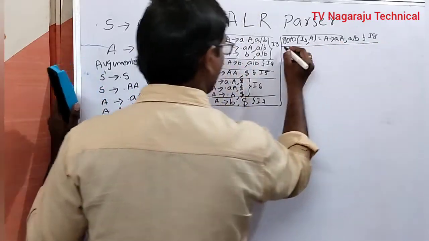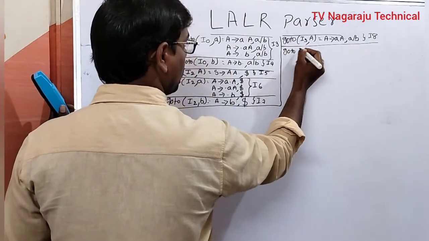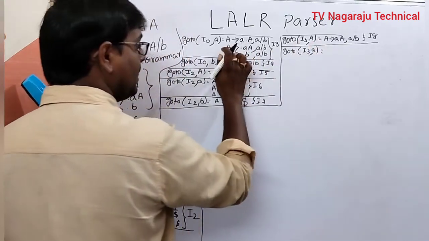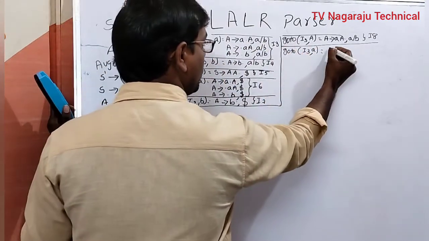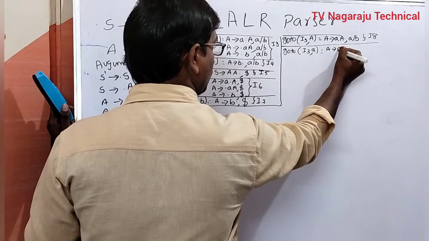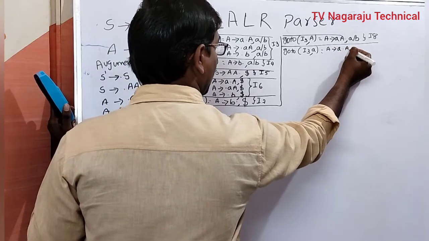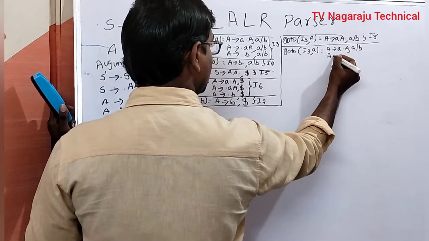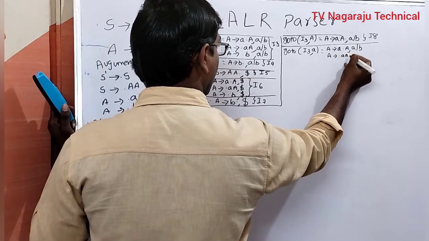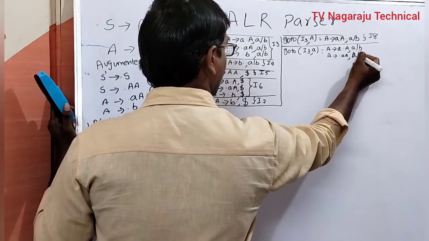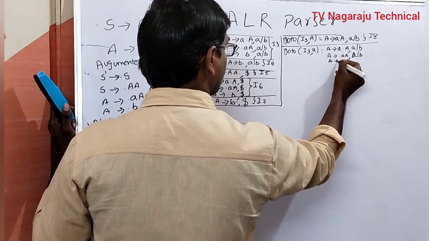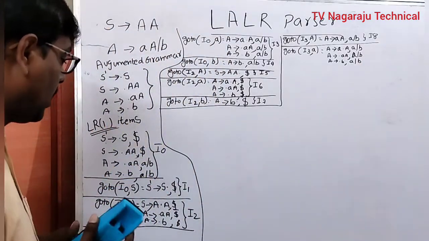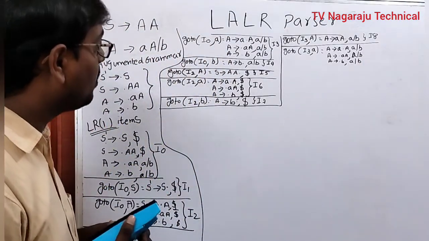Next, go to I3 comma small a. So A tends to a dot A, comma a by b. Now write down the productions of dot A, comma a by b: A tends to dot b, comma a by b.